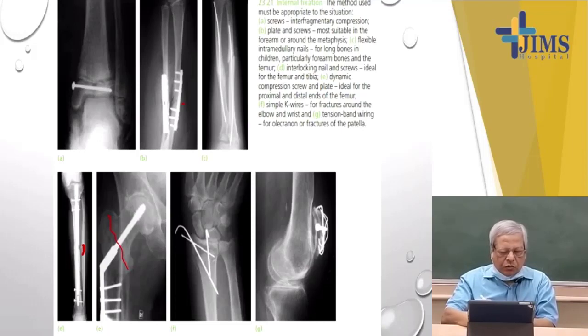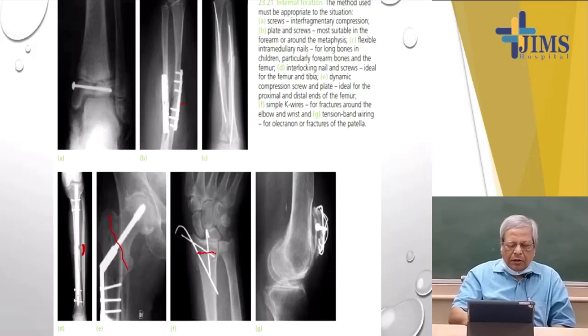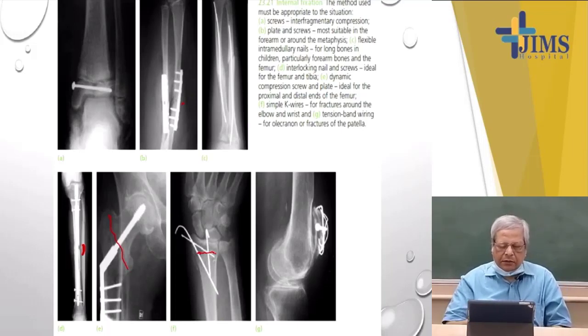Three wires are passed that will hold these two fragments. This is the fracture line. So it does not get redisplaced. Of course, these are smooth pins, so it has to be supplemented by a plaster. This is called percutaneous K wire. This is, as I was telling you about the patella.